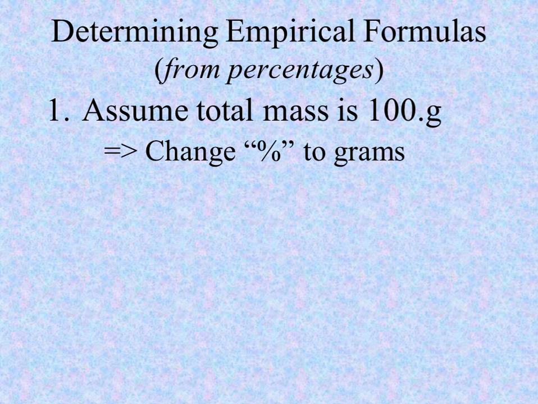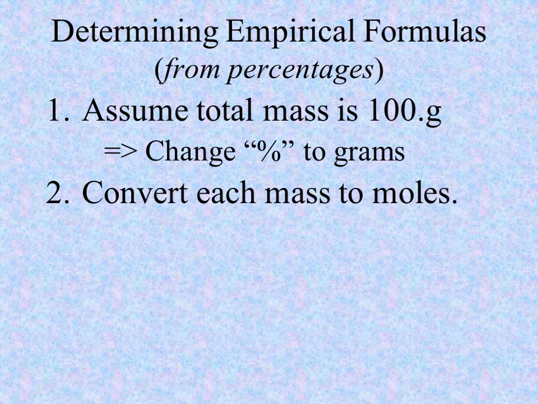So by making this one very small, seemingly insignificant statement of assumed total mass is 100 grams, you are literally opening up the door for yourself to legitimately be able to start the calculation with a certain number of grams, whatever it happens to be in the given problem. So you physically need to write this statement at the beginning of your solution, and then the process is exactly the same as we've discussed.